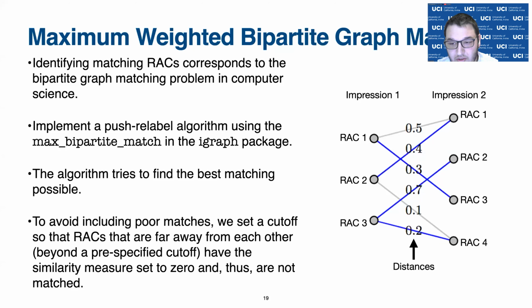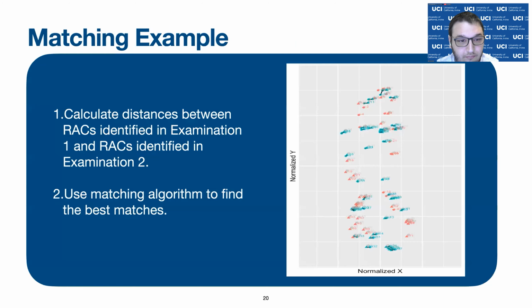This picture shows rack 3 is matched to 2 different racks. But there could be unmatched racks. And again, the number of impressions could also be different, depending on how many the examiner found.